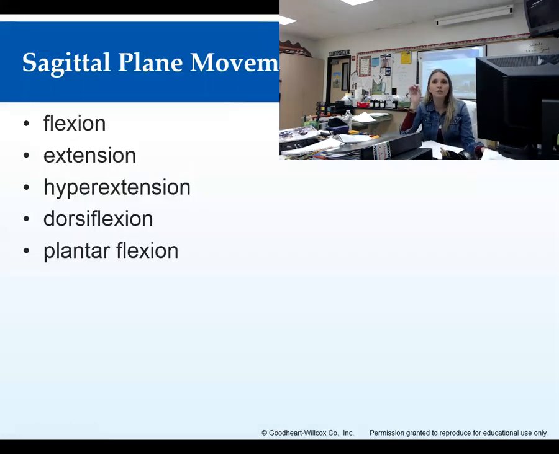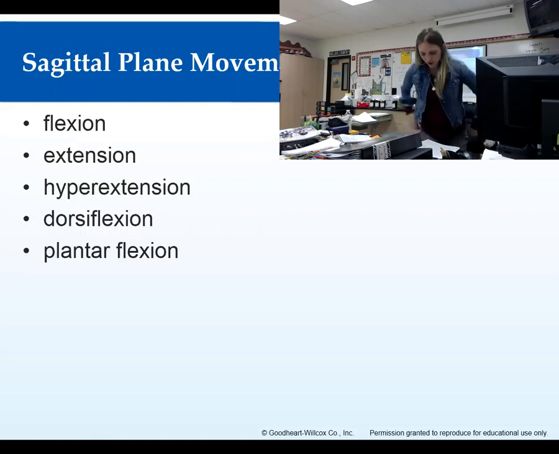All right, sagittal plane movement. So remember, your sagittal plane goes right down the middle. So let's look at these. Flexion, it says, is the forward bending of the head, trunk, upper arm, forearm, hand, hip, with backward motion.